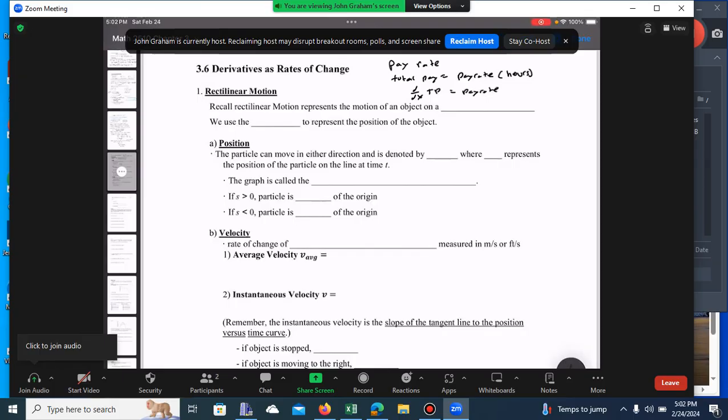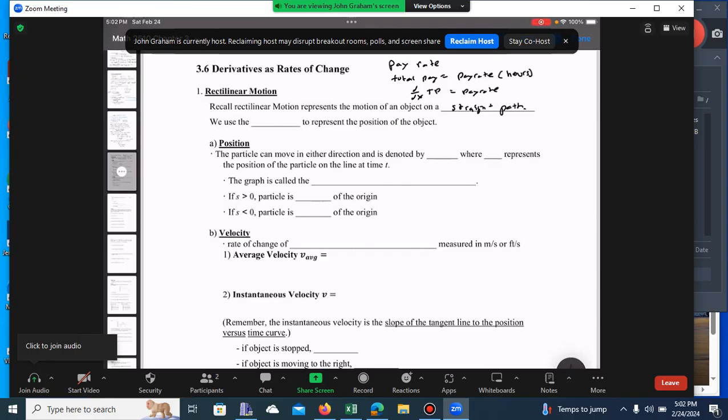Now we're going to start with looking at a physics application, and that's going to be linear motion, or rectilinear motion. It resembles the motion of an object on a straight path, a specific path that follows a line, so you're not turning backwards and forwards.